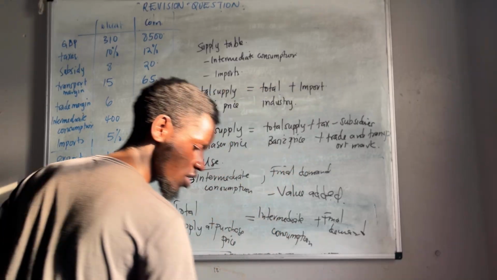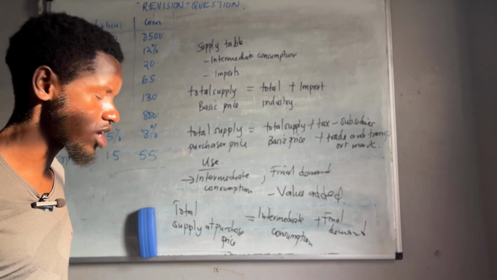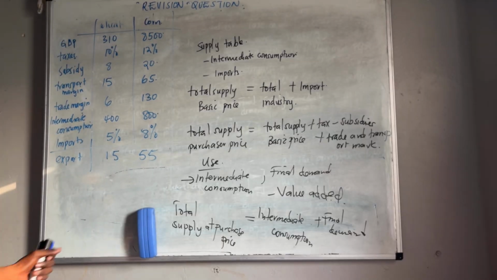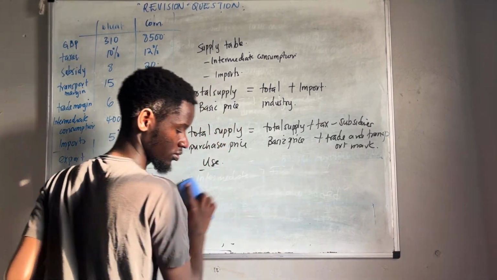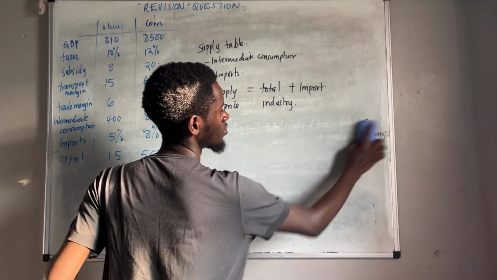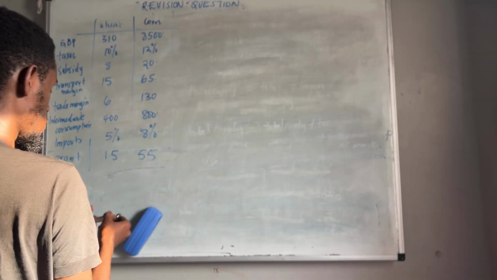Our first question is saying we estimate the value of supply of wheat and corn at basic price. Part A is to find the total supply of wheat and corn at basic price.